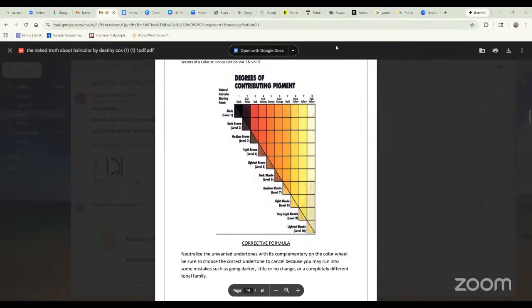Okay, so we have to have an understanding of the level system 1 through 10, and then you also have to be cautious in the back to know that every level has an undertone. Every level has another color that lies underneath it. And when we prepare to do our custom formulations, we must always be aware of what lies in the background.